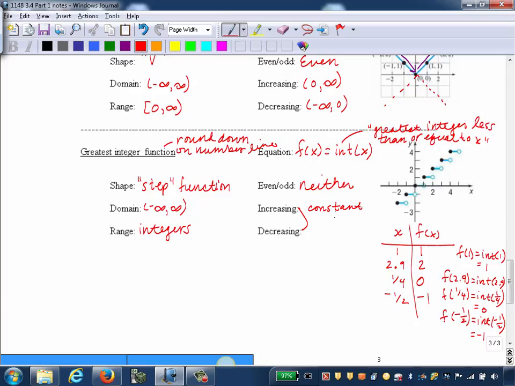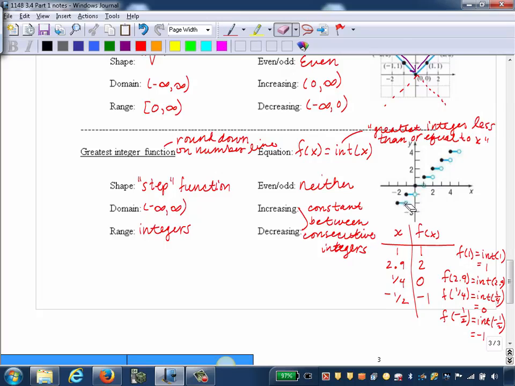It's constant between consecutive integers. So it's constant here between -2 and -1. It's flat, constant here between -1 and 0. It's constant here between 0 and 1, etc.